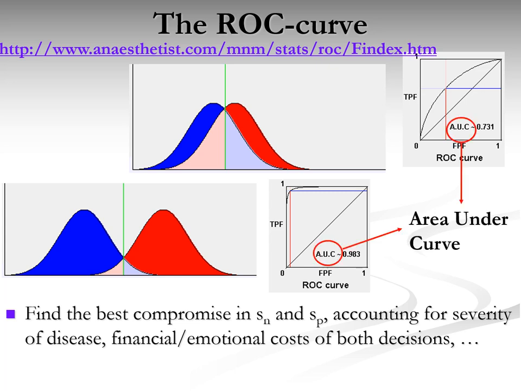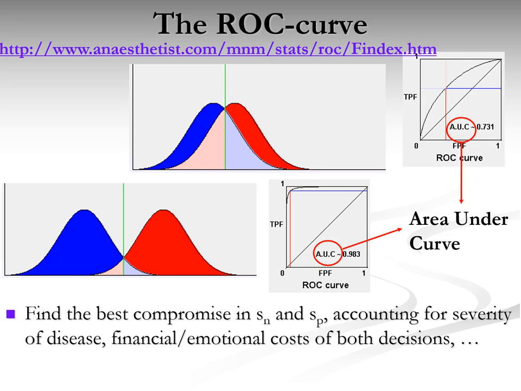A measure that can be used to express how good the instrument is, is the area under the curve. So the area under the diagonal line would be 0.50. The area under the curve for the instrument at the upper plot is 0.73.